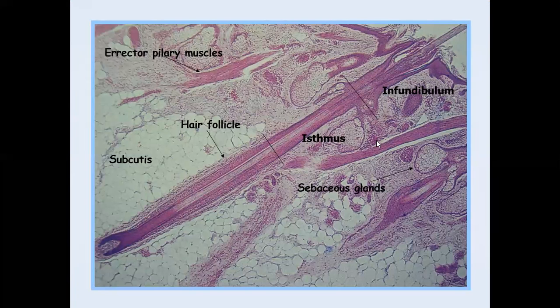The isthmus is the portion of hair follicle between the connection of the erector pili muscle and the entrance of the sebaceous glands, while the infundibulum is the portion which is superior to the connection of the sebaceous glands.